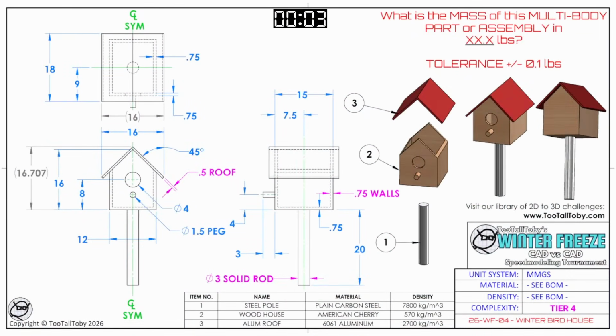What is the mass of this multi-body part or assembly in XX.X pounds? We got another challenge here in inches. Guys, this is in inches and pounds. The unit system, I apologize, says mmgs. That should say inches. Little mistake there on the drawing. My bad.